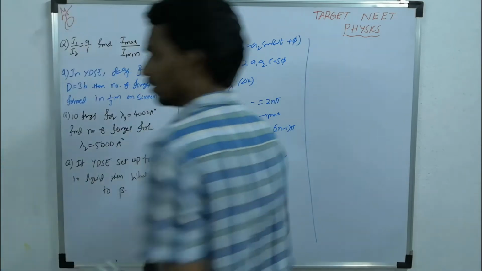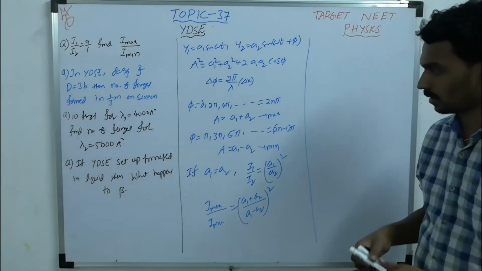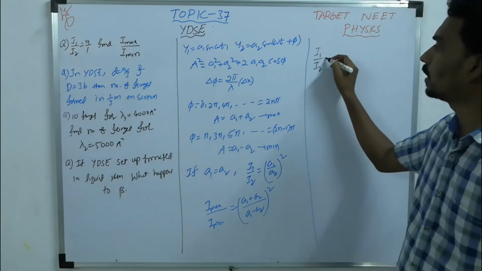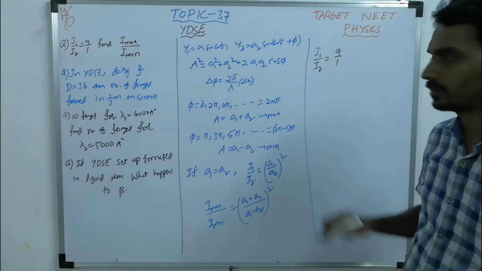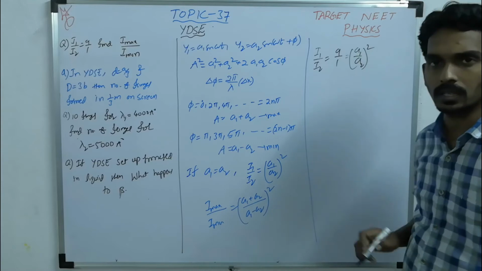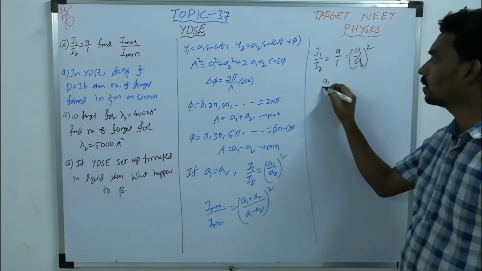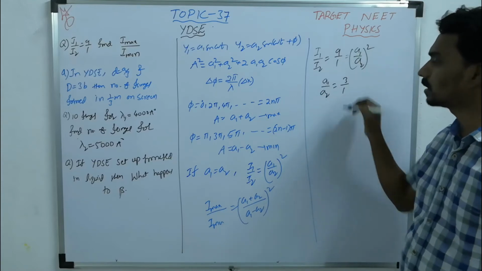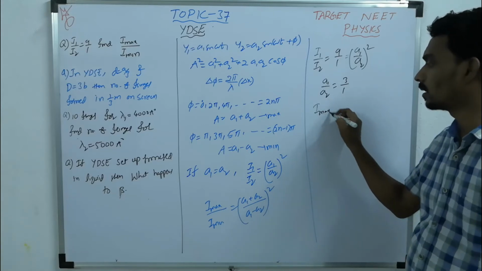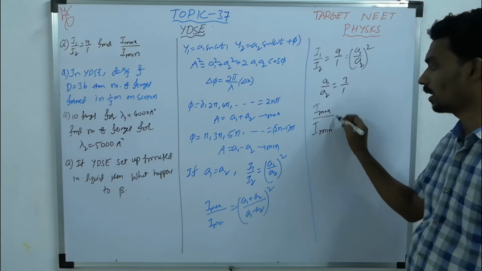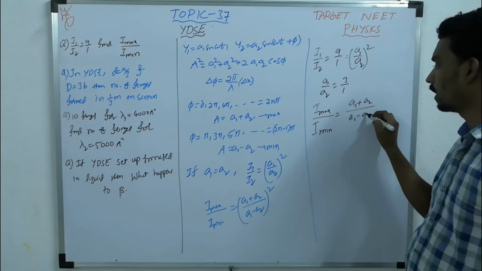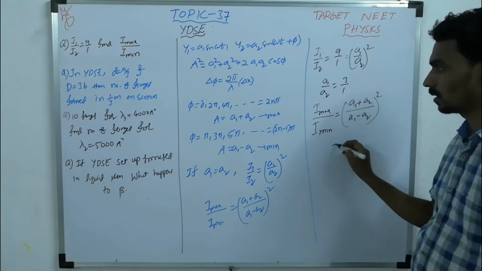If you take the very first question, they have given I1 by I2 equal to 9 by 1, then this is nothing but A1 by A2 whole square. So A1 by A2 you will get as 3 by 1. Now if you want to find I maximum by I minimum, then it is A1 plus A2 by A1 minus A2 whole square.